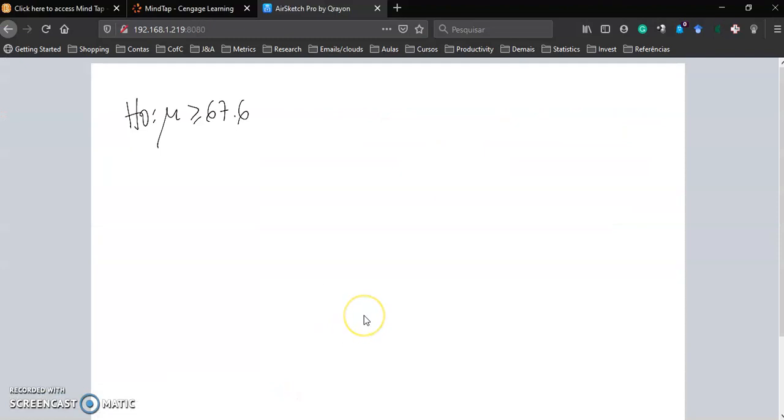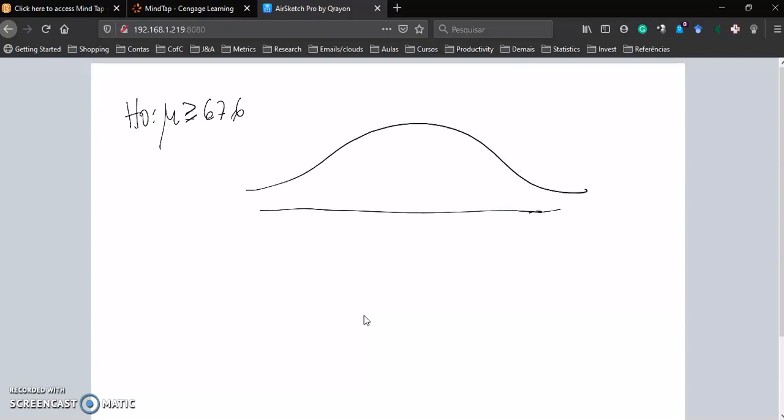Okay, so that's the null hypothesis. Let me do it again. The mean is equal or higher than 67.6 ounces. So if I draw the distribution, let's say the mean is here, and we're talking about the mean.